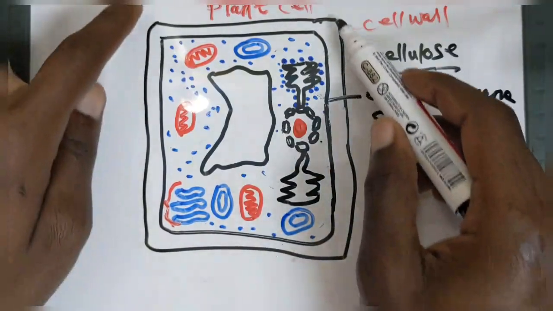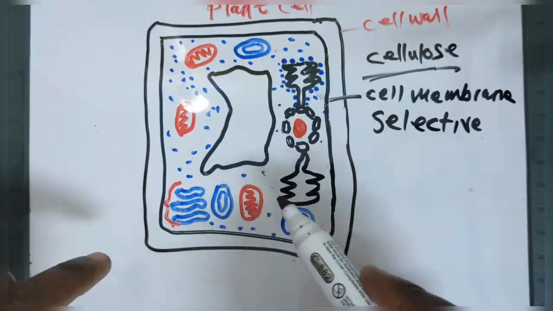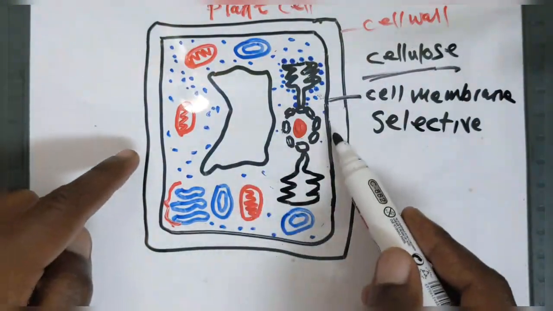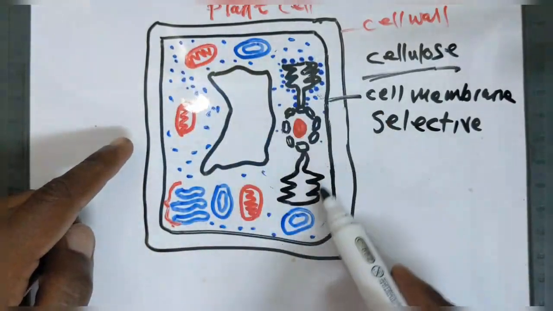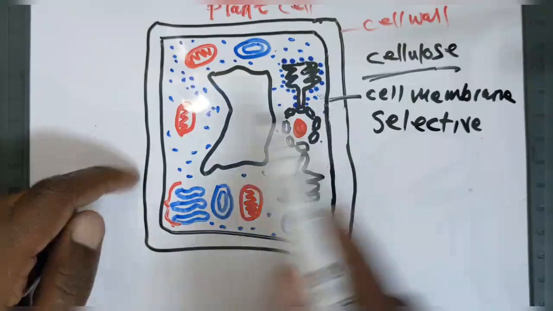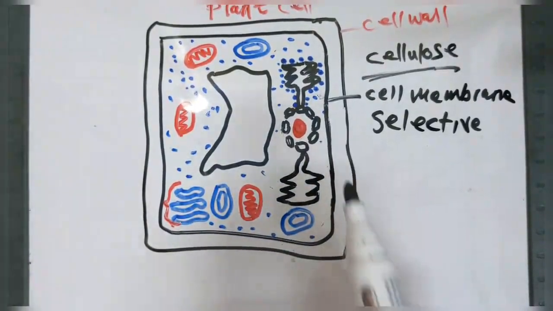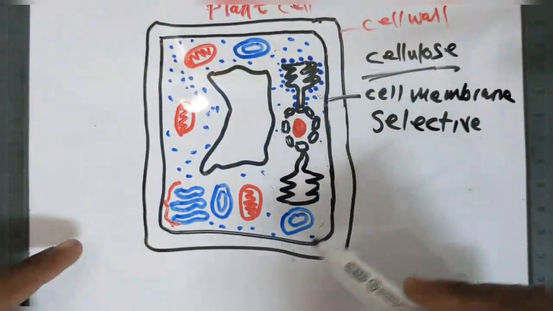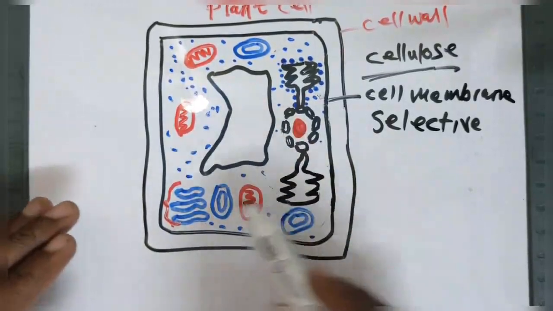It doesn't matter, the cell will allow all the substances to enter, but this part which is inside, the cell membrane, won't allow that. It will allow just other substances which have smaller particles to pass through it to enter the inner part of the cell.